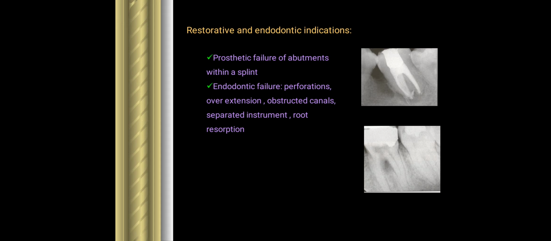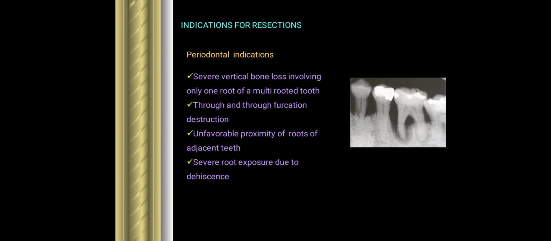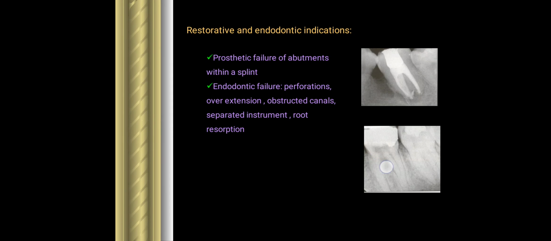Next one is the restorative and endodontic indications. In that, if prosthetic failure of abutments within a splint is there, then endodontic therapy will be done. In endodontic failure due to perforations, overextensions, obstructed canal, separated instruments, root resorption, then restorative and endodontic therapy or resection will be done.